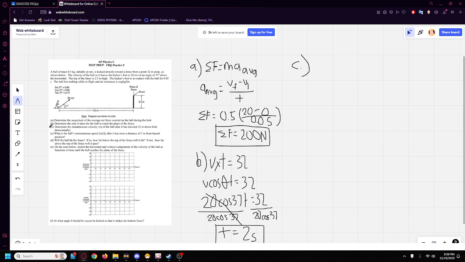Okay, C asks us to find the instantaneous velocity of the ball after it has traveled 32 meters downfield.